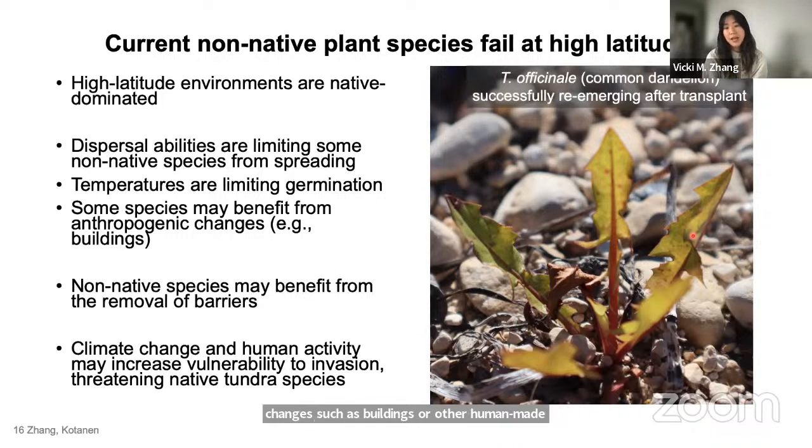Climate and human activity and anthropogenic change can make northern ecosystems much more vulnerable to invasion. And so here we're seeing that Churchill could really be a hotspot for future invasions, which can threaten the native tundra species that are already there and that have important ecological and cultural significance.